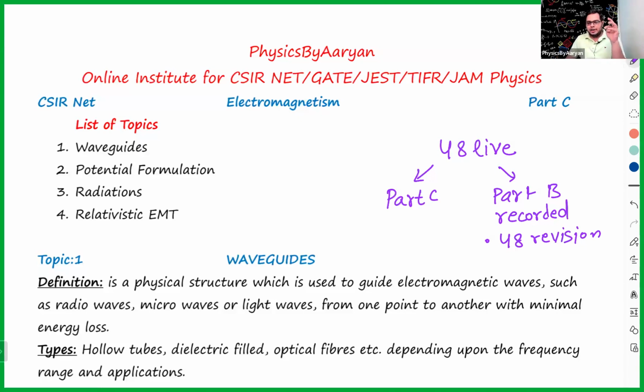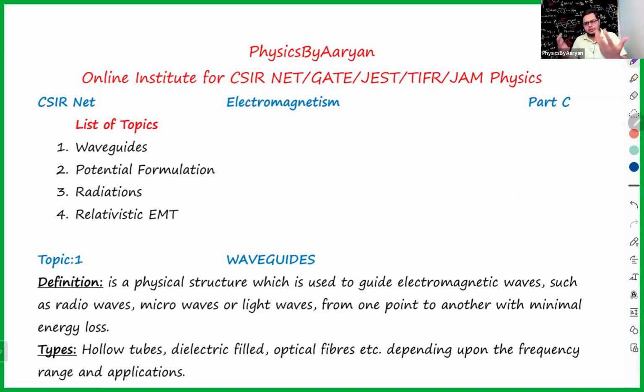Today's topic, I have deliberately taken as a difficult topic. Waveguide is something which is considered difficult, though there are not a lot of difficulties in it. But yes, students find it difficult to cover it by themselves.